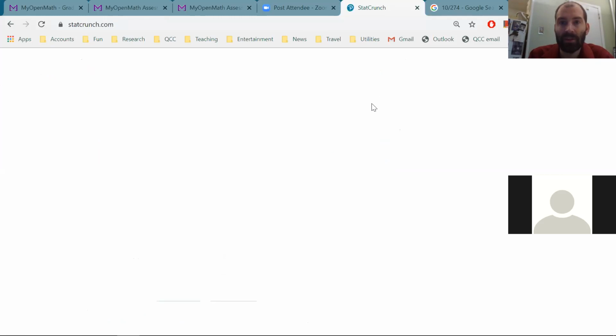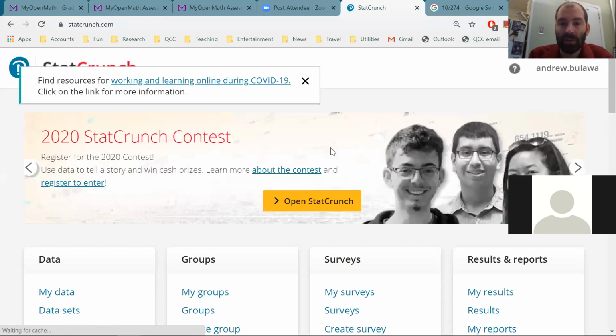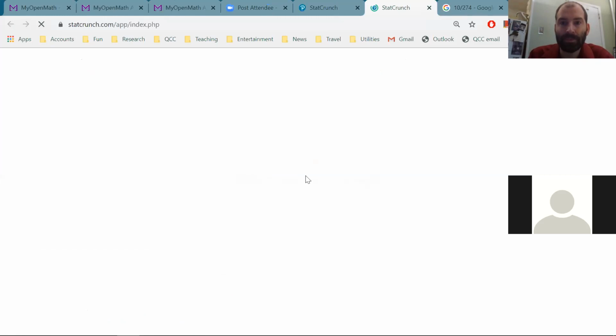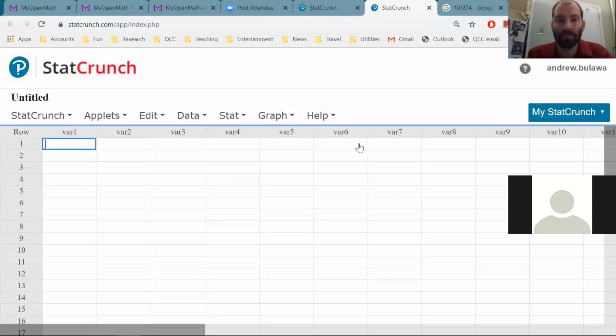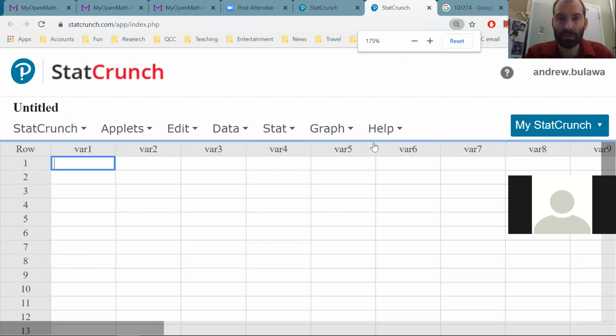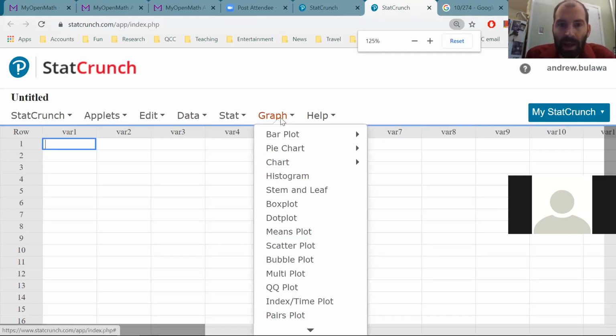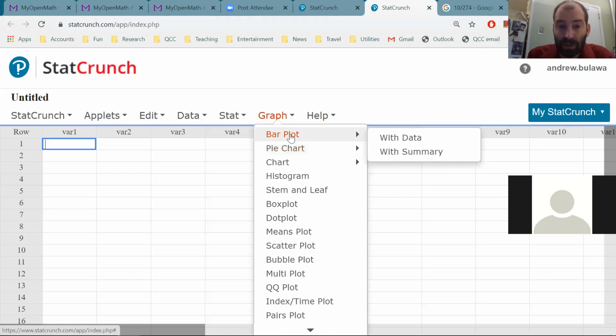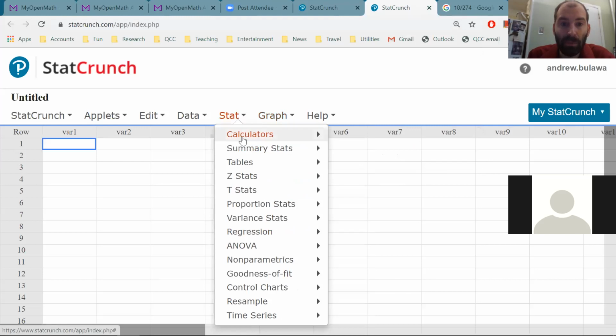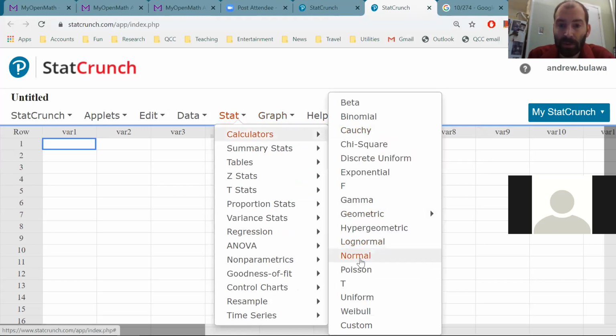So let's go to StatCrunch. Let's open it up. The central limit theorem told us that the distribution was normal, so we can use the normal distribution here.